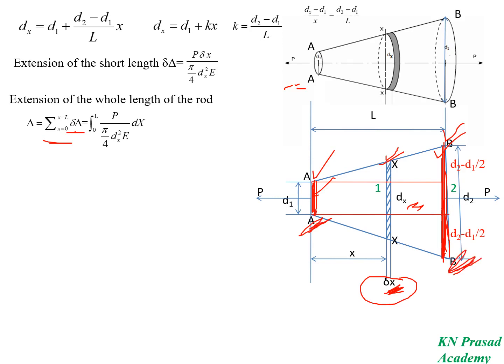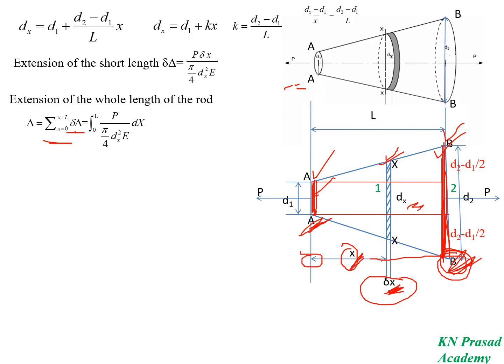We have to write this in terms of x, which means x equals L at the bigger end, at the end of the bar. When x equals 0, this particular location is at the smaller section.